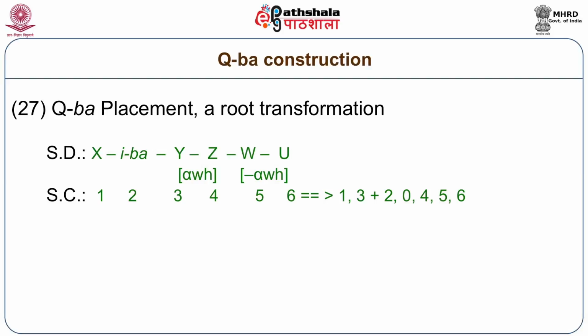The way to write this is to label y as having the feature alpha wh, where alpha is plus or minus, and to label w as being minus alpha wh. All that this says is that whatever alpha is, minus alpha is the opposite of that. So if y is plus wh, then w is minus wh. If y is minus wh, then w is plus wh.